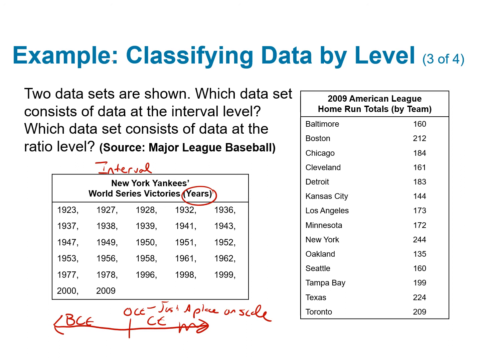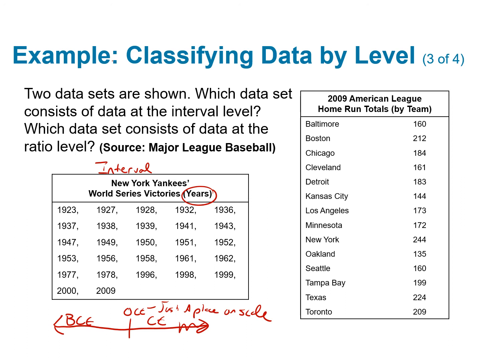Now let's look at our second data set. So we have 2009 American League home run totals. And so we want to ask ourselves the same question. What does 0 mean? So in this case, we're measuring home run totals. What does it mean if a team hits 0 home runs?